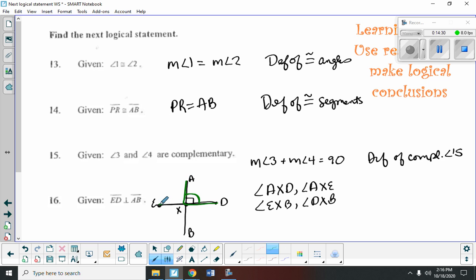AXE, that's this one. Angle EXB, that's this one. And angle DXB, that's this one. That would be the definition of perpendicular lines. That's the symbol for perpendicular.